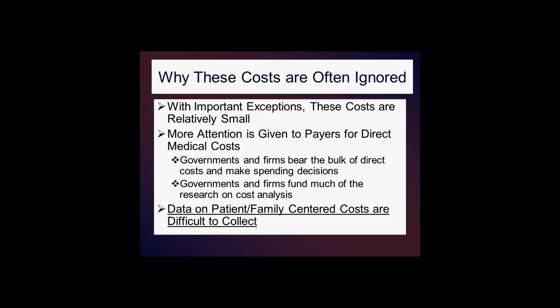So if you're trying to take a big picture, more attention gets paid to what the government pays or what Blue Cross Blue Shield pays or what it costs UAB. I do those sort of things. The real reason that you don't see these costs included very much, I think, is because they're expensive to collect.